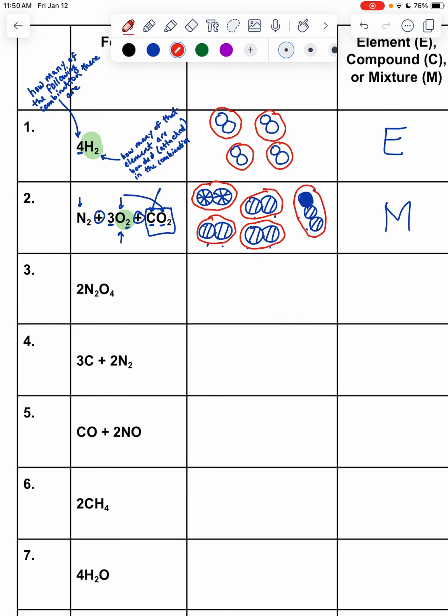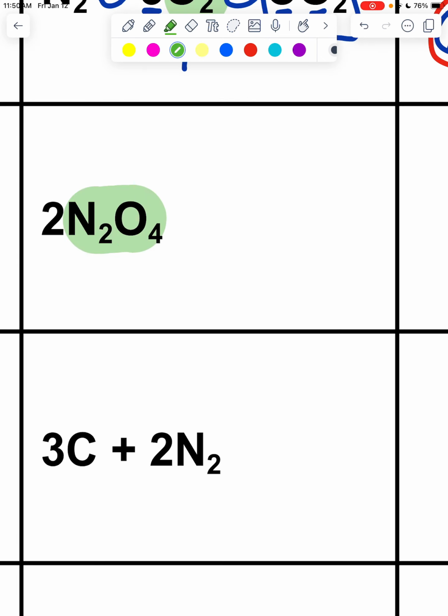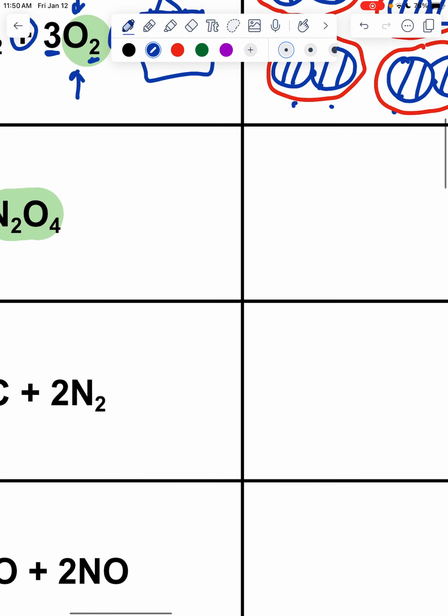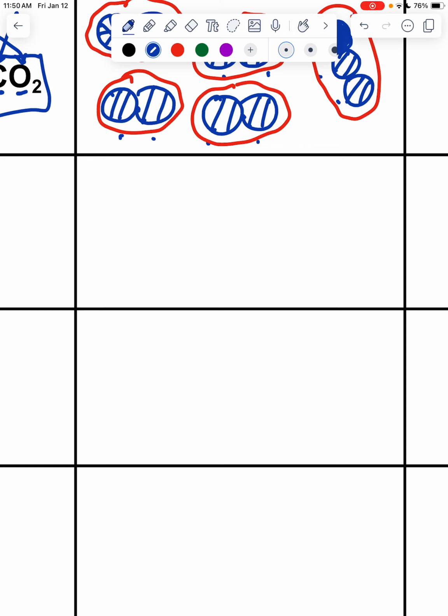For the last one that I'm going to do here, remember, look at the combination before you look at the big number in front. So the combination is N2O4. And those subscripts, remember, tell me how many are attached in the group with each other. Well, N2 means that there's 2 N's attached to each other.